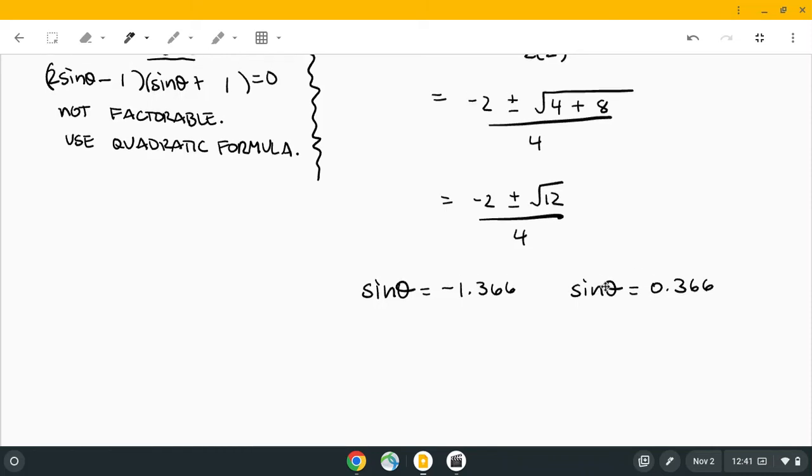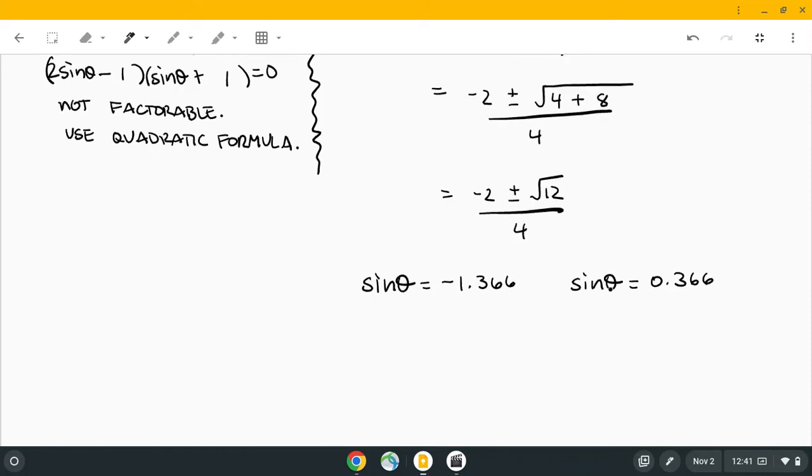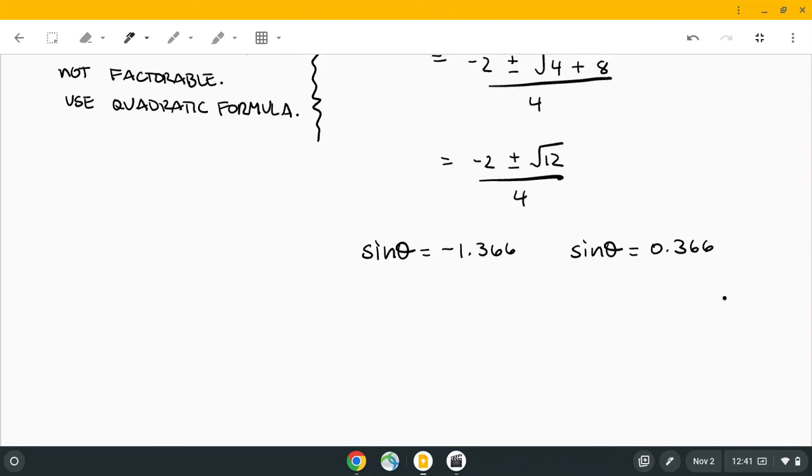All right. So this is what we need to solve. Now I need to solve for theta, so I'm going to use my calculator.